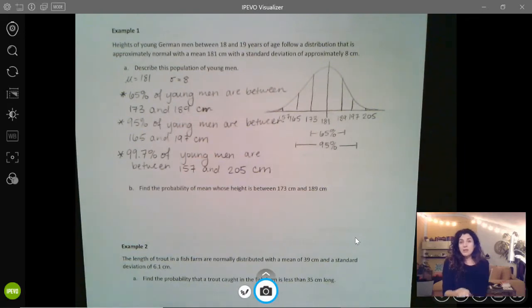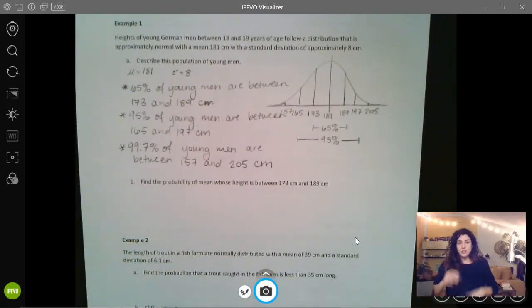Let's talk about how we calculate now, because you now are also doing calculations. The probability that a man between 18 and 19 has a height between 173 and 189. We've already talked about the fact that 65% of these men are between that.